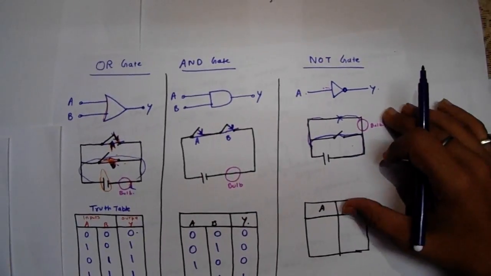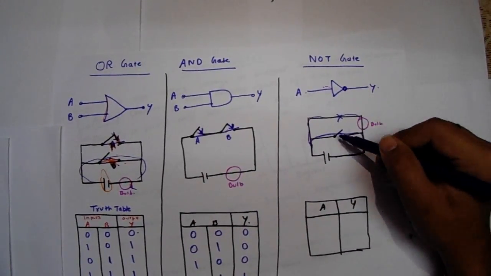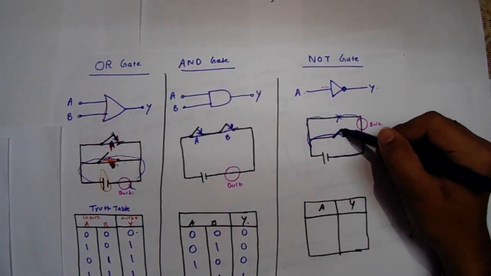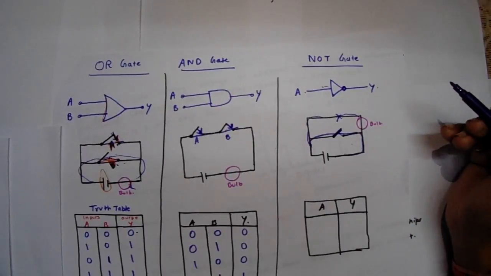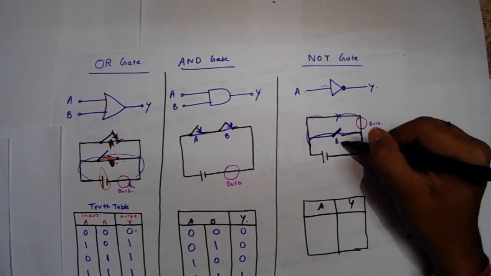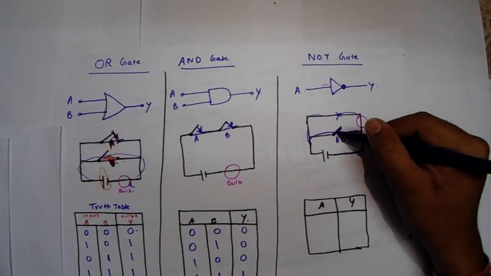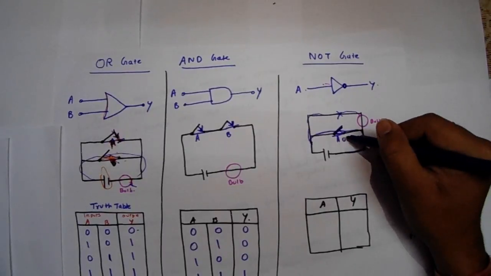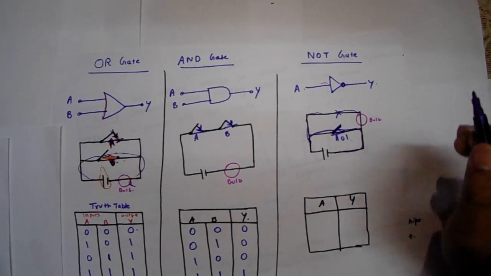So to light this bulb, we need to keep this switch open. For example, this is A. If the switch is 0, that is open, the bulb is glowing. But when we close the circuit, that is 1, the bulb will not glow. You can see the inverting nature.